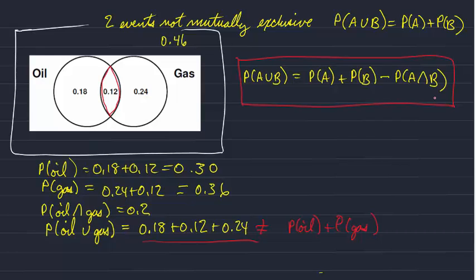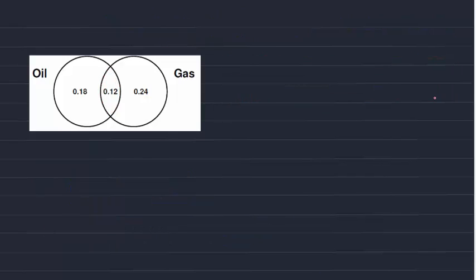So now let's move on to conditional probability. We'll keep that diagram here. I'd like to define what a conditional probability is.